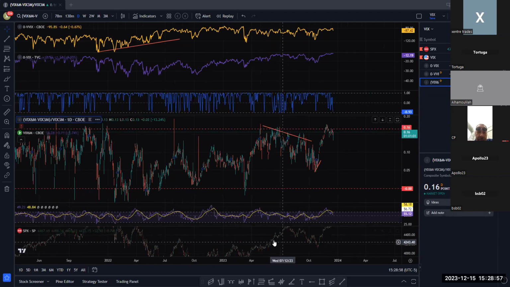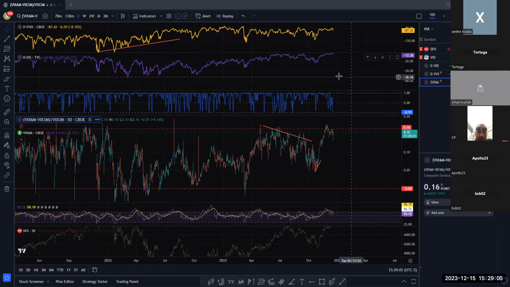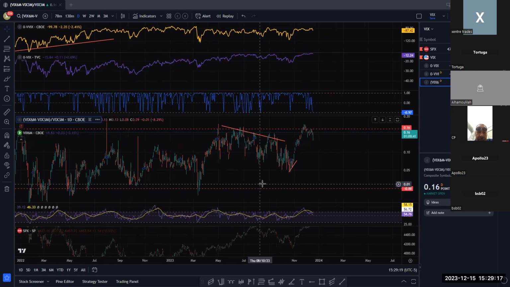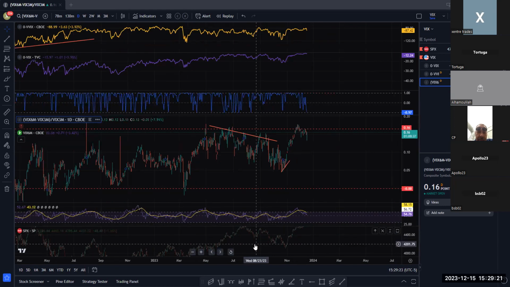And you see that the RSI around here bounced a little bit before. The RSI bounces before SPY bottoms.